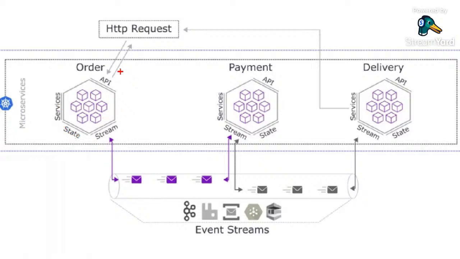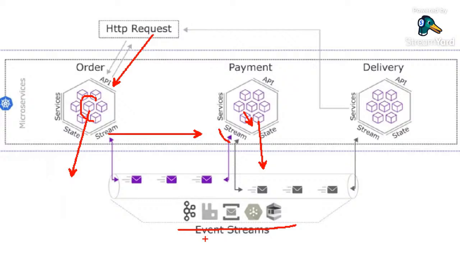Order will make the ordering, of course, receive web requests, do some processing, save its state on the states database, and then emit an event. Each of these microservices has a separate database, so there is no communication between their databases. The only communication here is made by event streams.